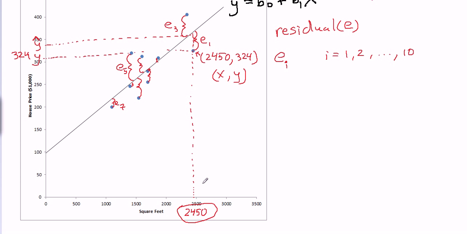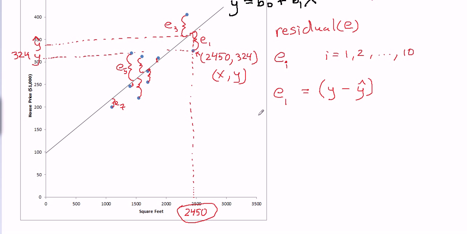Okay? So the difference between y hat and y seems to be the size of this bracket. So I can get e1 by doing y minus y hat. That will give me the height of this bracket here.